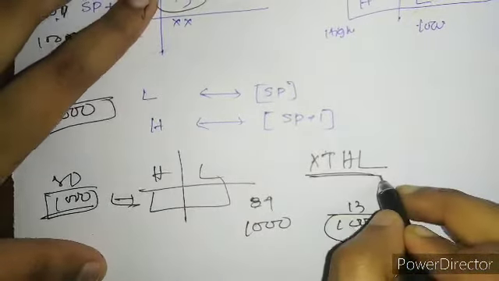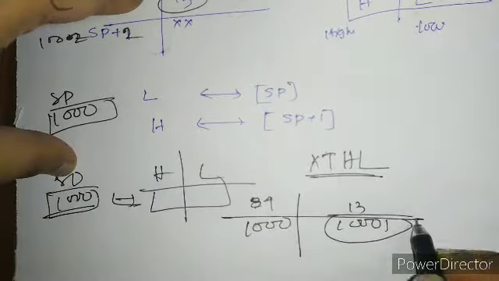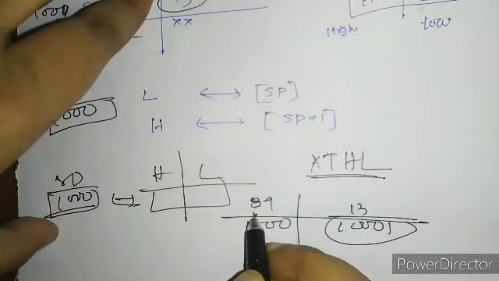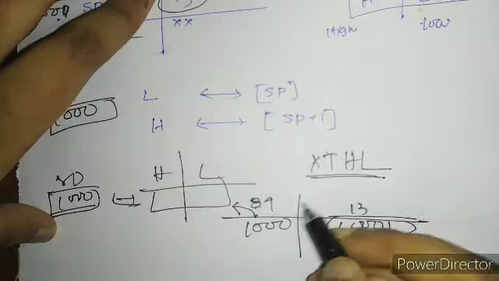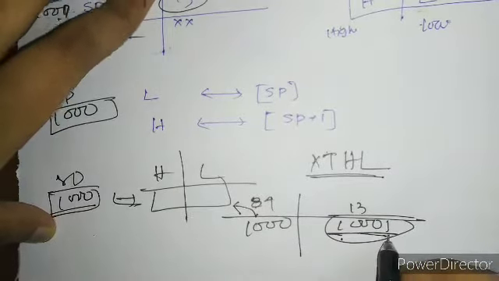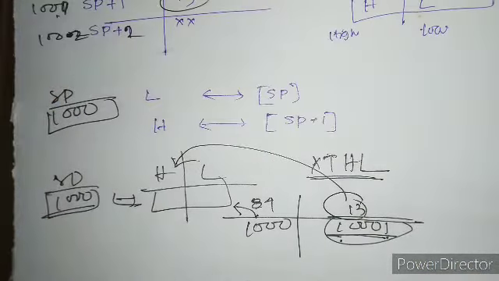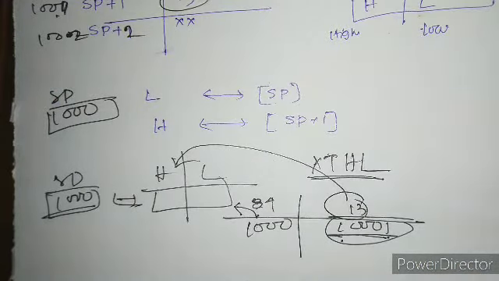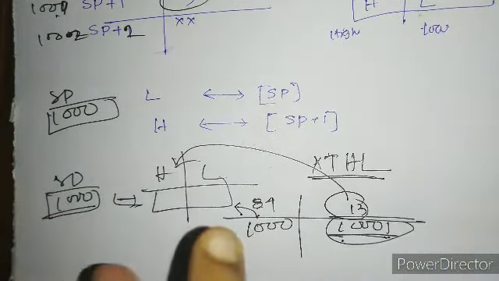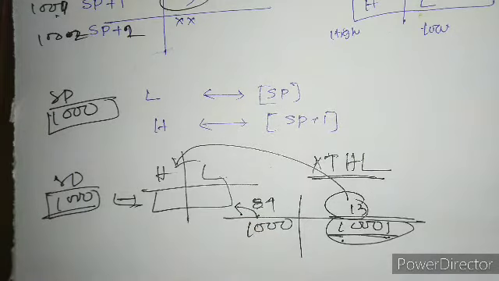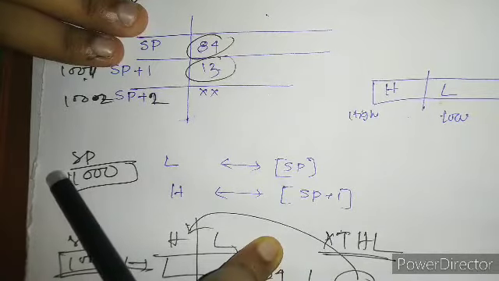After XTHL, the value stored at location 10000 will get exchanged to L, and the data stored at the higher address, which is 10001, will get stored at H. Which means XTHL exchanges the data of HL with the data which is pointed to by the stack pointer.